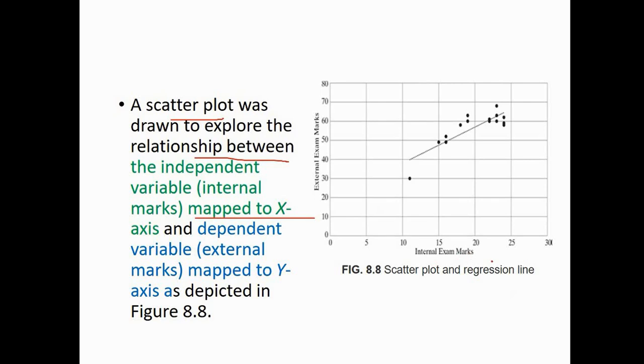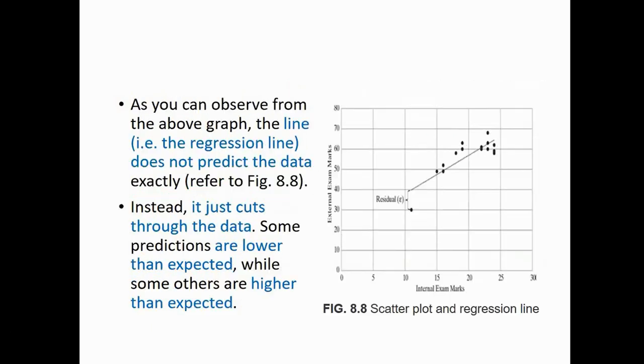Internal marks are given on the x-axis, external marks on the y-axis, and the linear regression line is fitted. If you look at this line, it is not exactly fitting all the values in the model.